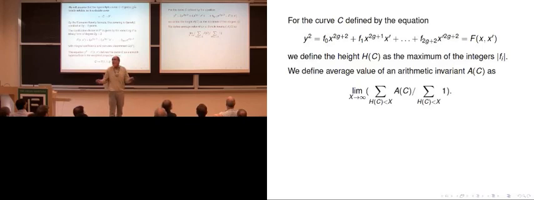A typical invariant we might want to study: it's a famous theorem of Faltings that when the genus is at least 2, there are only finitely many solutions of the hyperelliptic curve. So only finitely many values of x and x prime, such that when you put them into this binary form of degree 2g plus 2, and in that case 2g plus 2 is at least 6, the resulting value is a square.